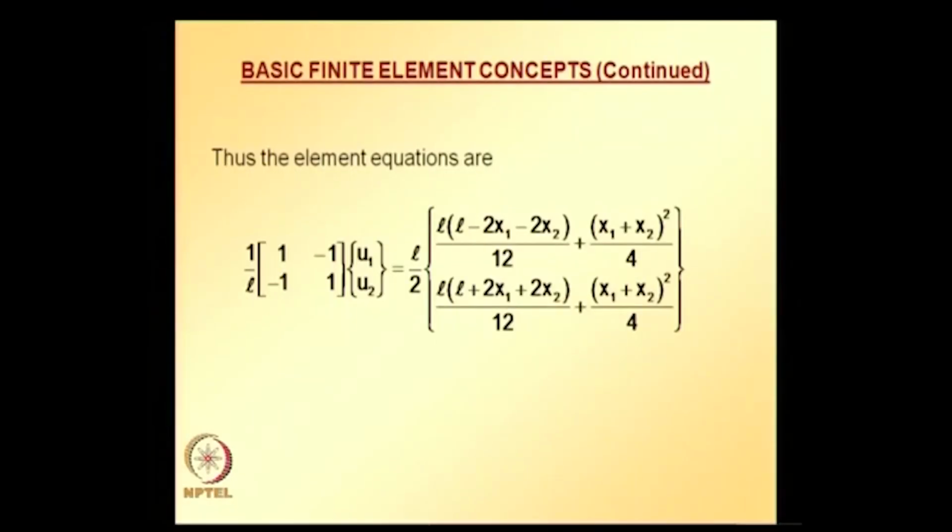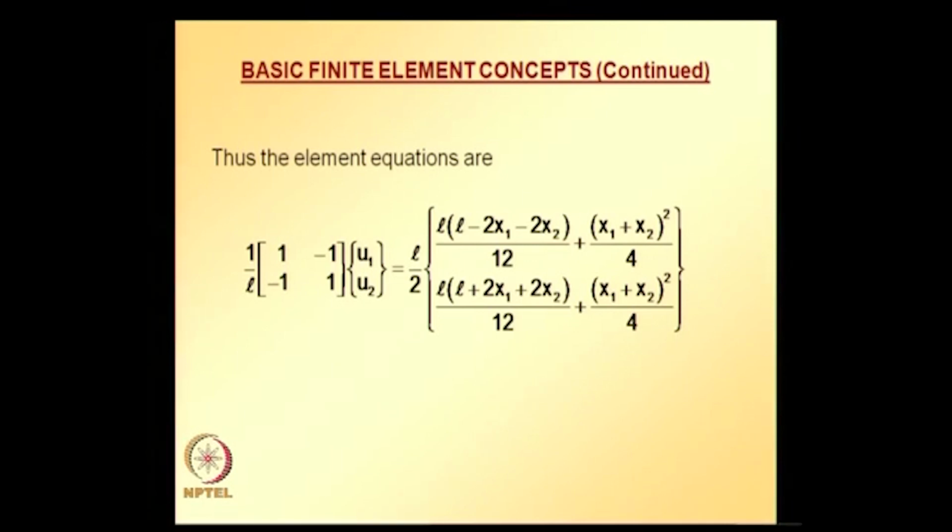Now, plugging in what is K, what is D, what is R, these are the elemental equations or element equations for a typical element for which x is equal to 1 is not a part of that element.